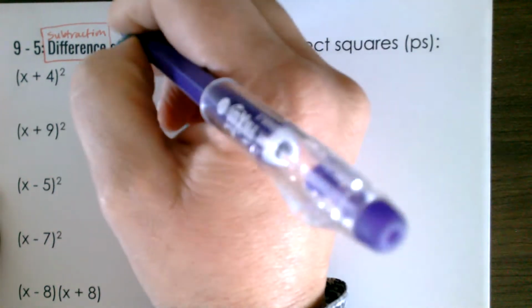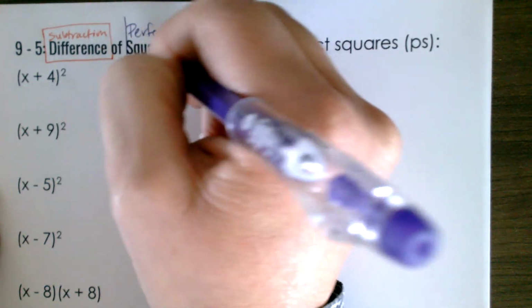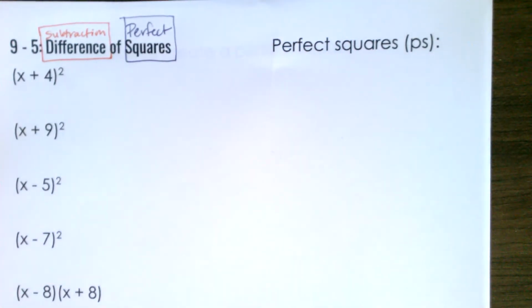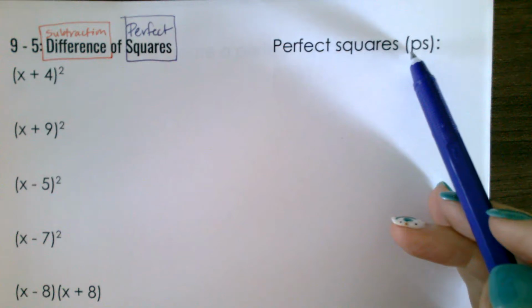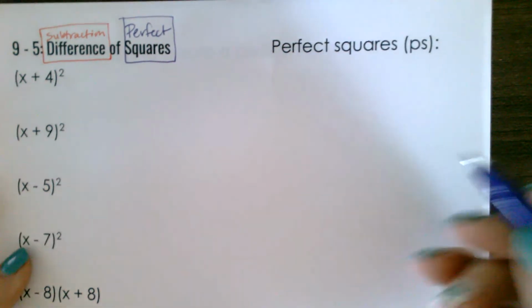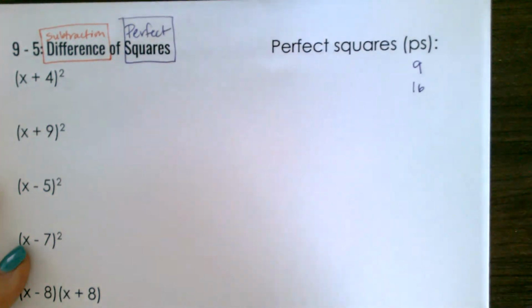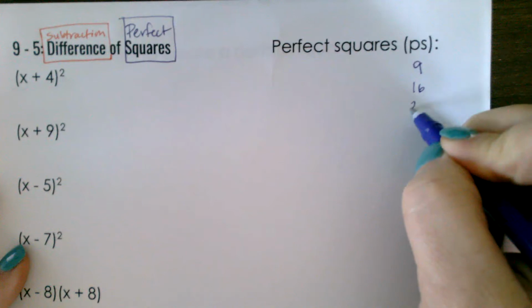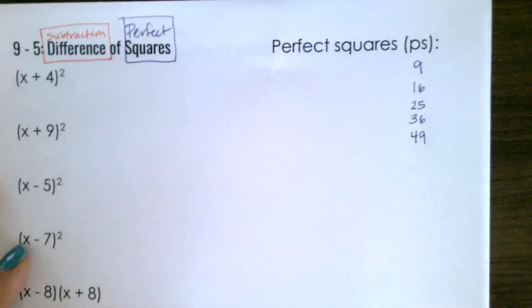Think about it, squares are always perfect. All four sides are always the same length, with 90-degree angles. They're perfect squares. Throughout this lesson, I use PS to stand for perfect squares. So 9 is a perfect square, 16 is a perfect square, 25, 36, 49.